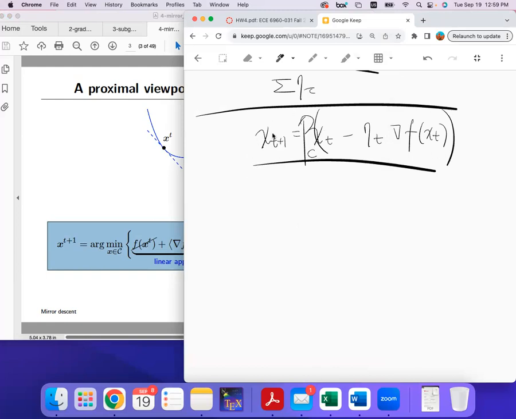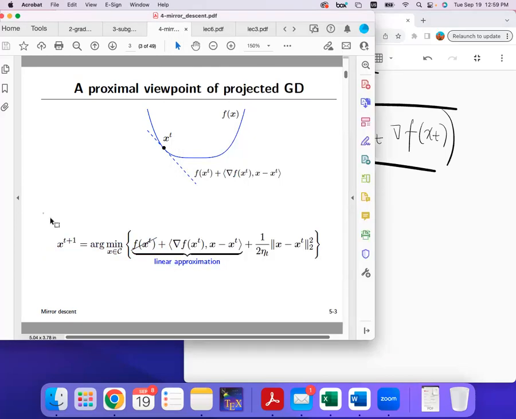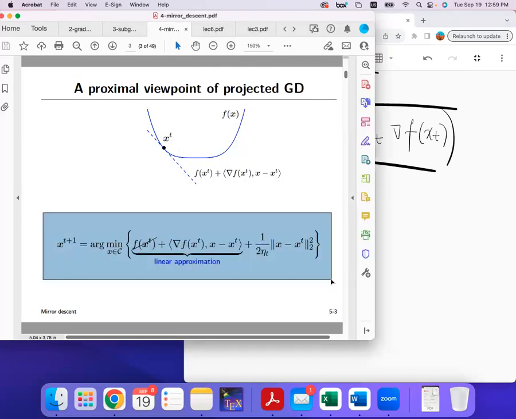This algorithm update can be rewritten in this form. And in this form, we describe the algorithm by an optimization problem.